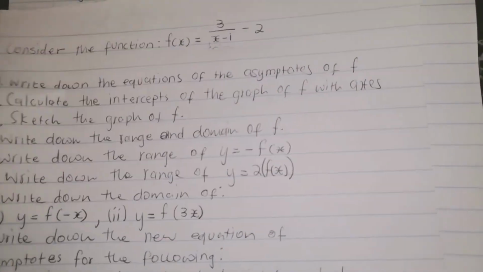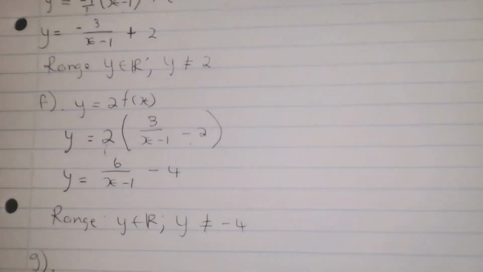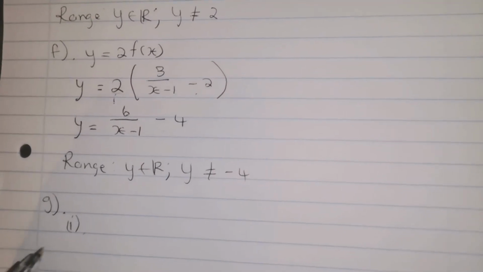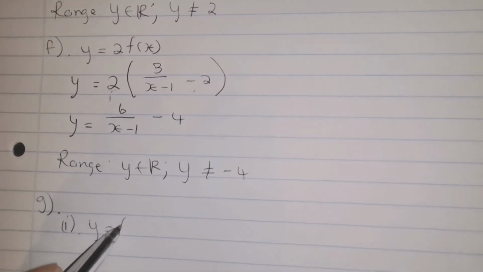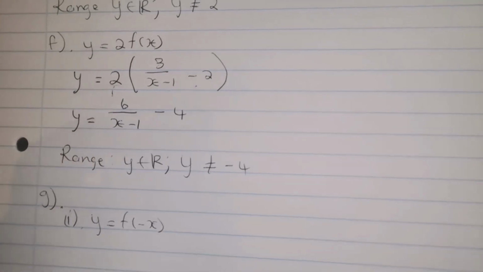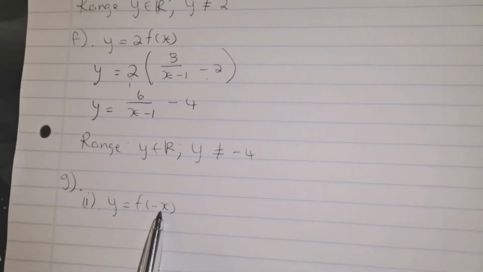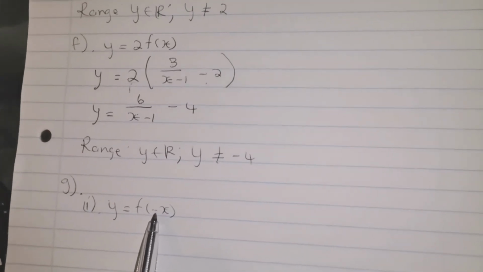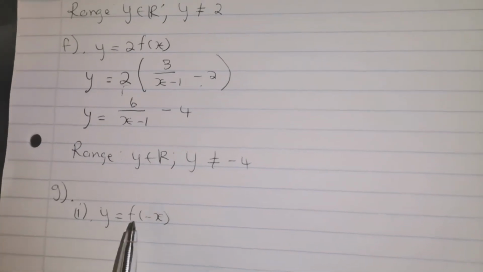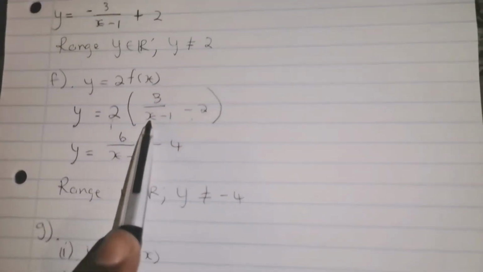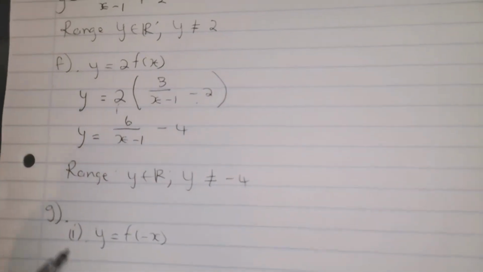The domain of that function when number 1, they say y is equal to f at negative x. In this case, guys, you're going to substitute where you see x, we put in negative x. This negative sign has implicated x, meaning where you see x, you put in negative. Simple. From this equation, let's just do that.